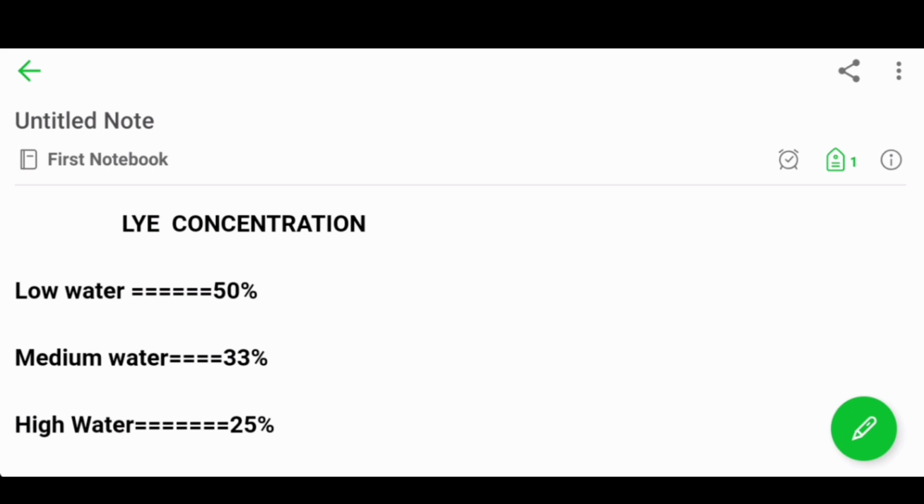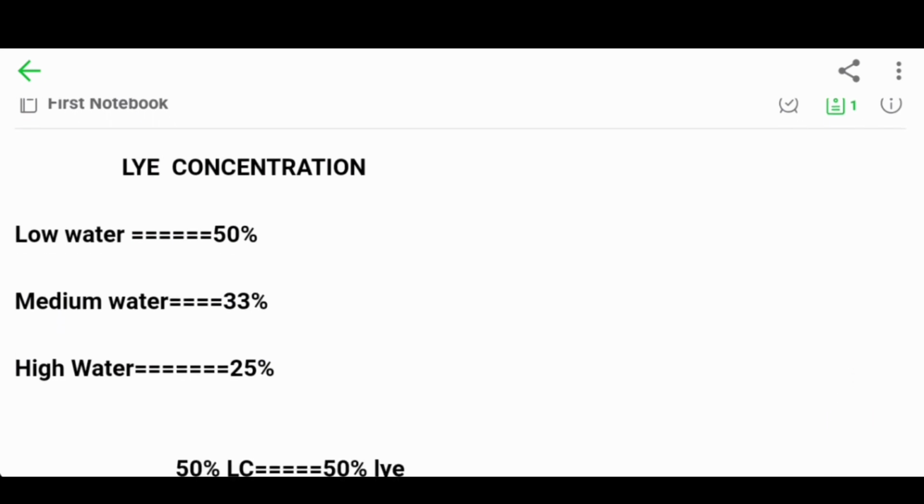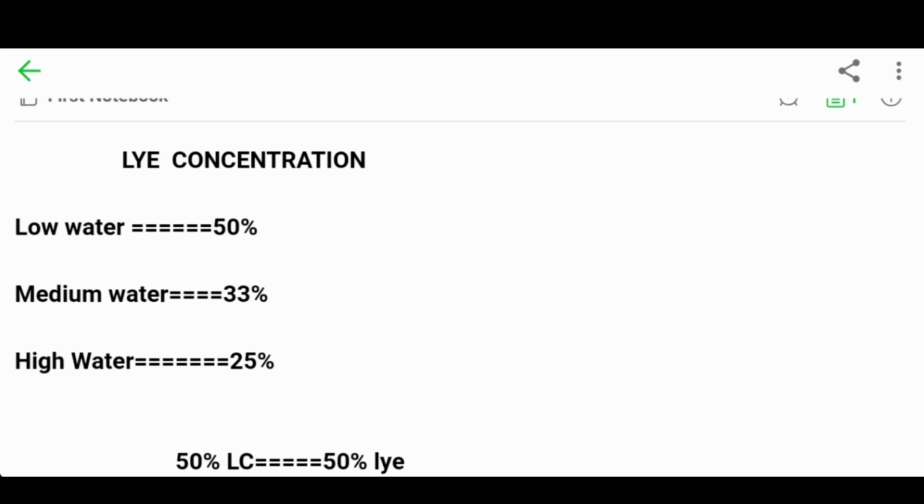Now, we have lye concentration from low water to medium water to high water concentration. What does this mean? To dissolve lye, you need at least an equal amount of water to the lye itself. Am I making sense?